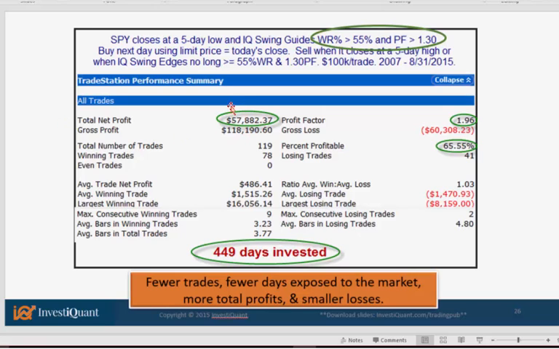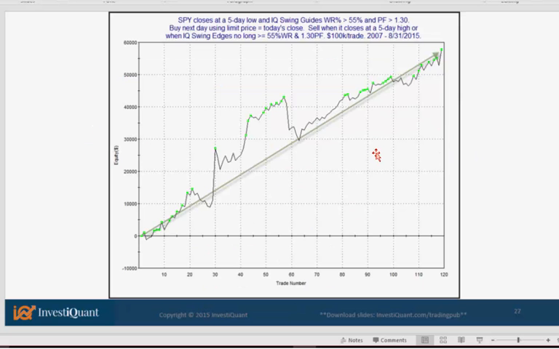Doing that, we were able to move our profits up to 57,000. We were in the market 449 days instead of, I think it was, 851. The percentage of profitable trades did not go up, but the profit factor did quite a bit. If we look at the profit curve, we can see it's actually been much steadier, and we've had higher gains over time.